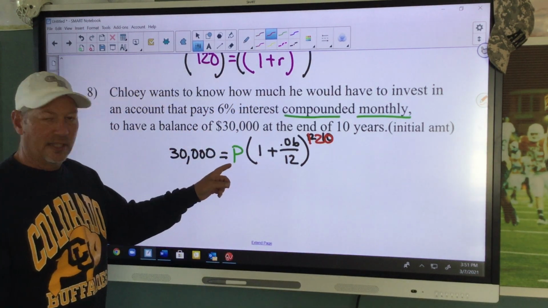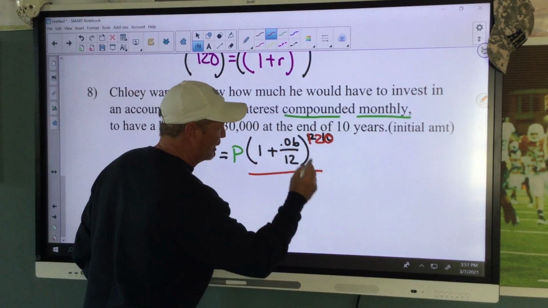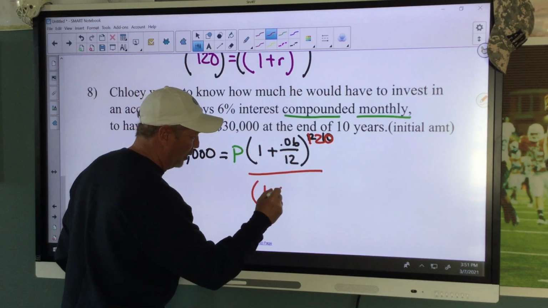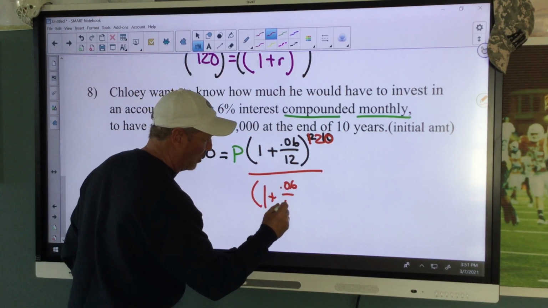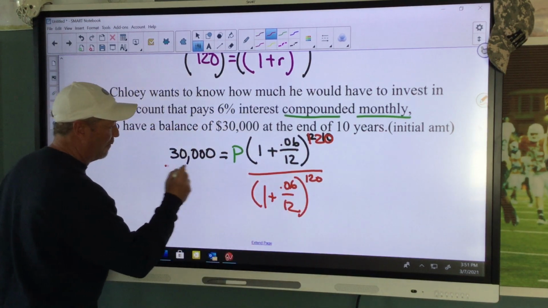But we want to isolate or solve for P. So all we're going to do is divide by everything you see here: parentheses, 1 plus 0.06 over 12 raised to the 120.